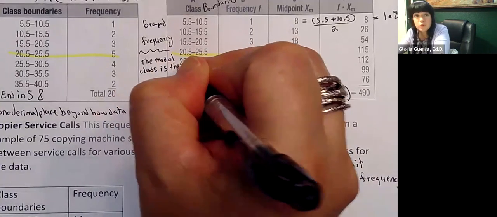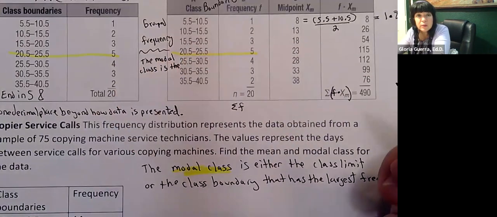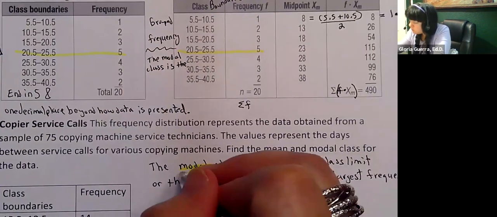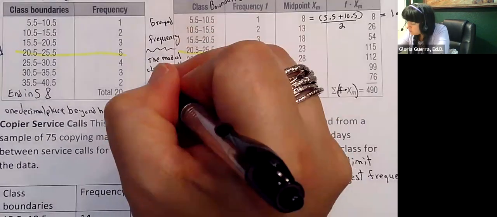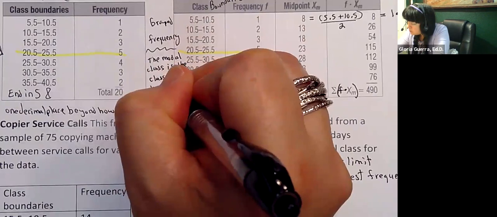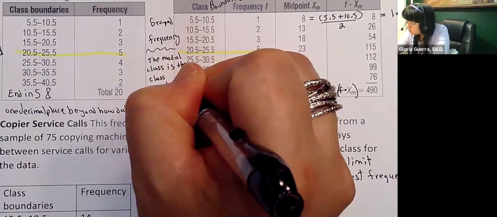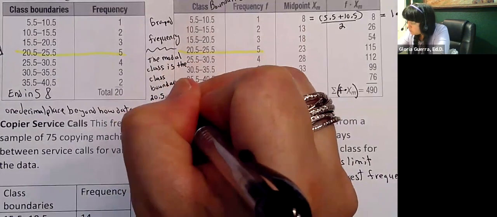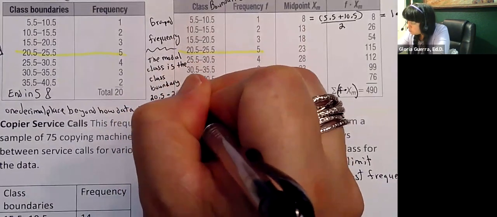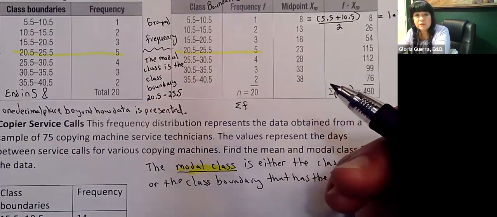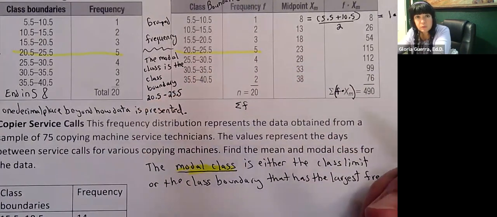So the modal class, MODAL, the modal class is the class boundary 20.5 to 25.5. And then oftentimes on the tests, I'll ask you why. How do you know that? Why?